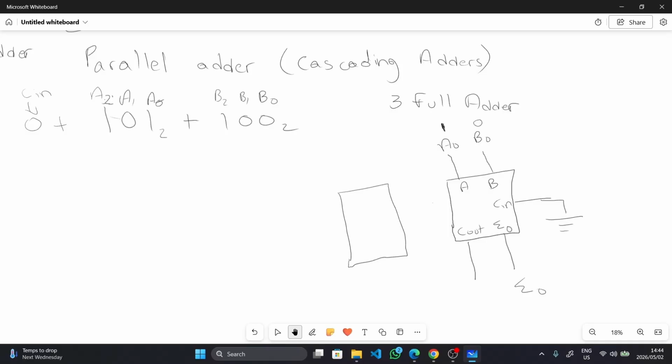And if you remember, 0 plus 1, our sum is 1, carry is 0. So this carry will be 0. Again, we'll have our carry in that will connect to carry out here. Then our input will be A1 and B1, A and B. Alright.